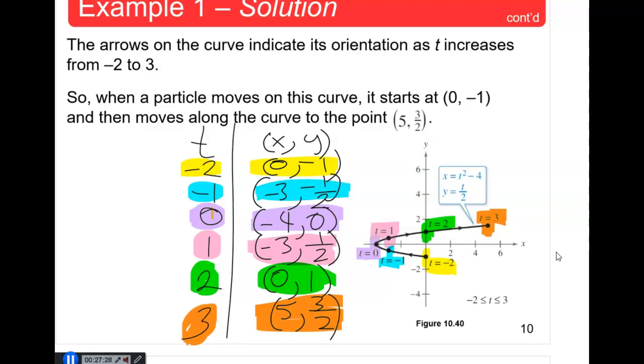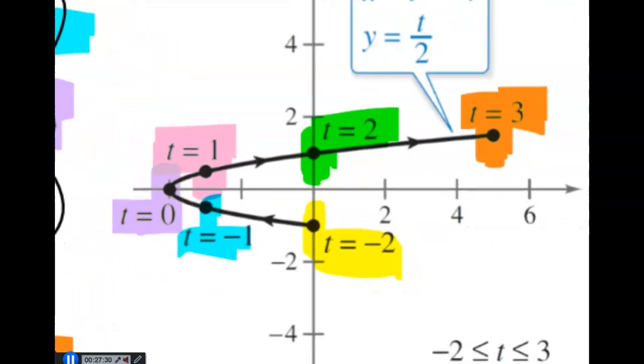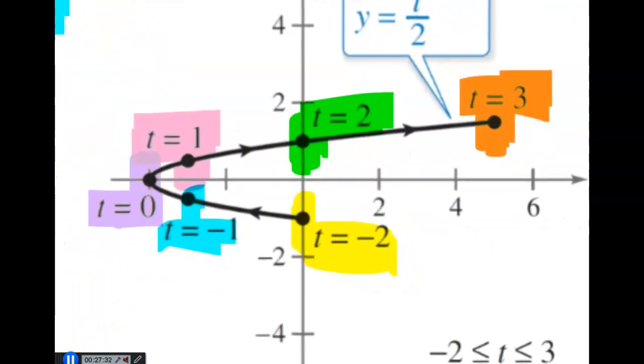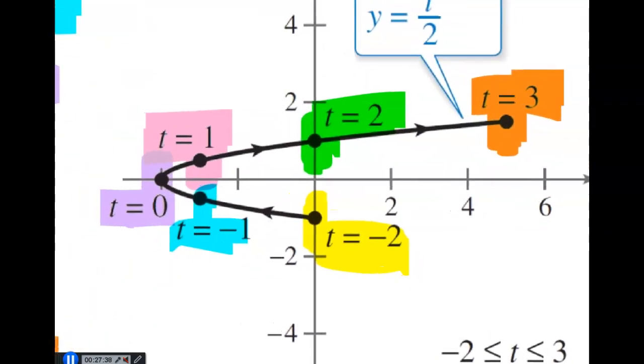Now, the arrows that you could see here, those arrows are very important because they're also describing the direction from the initial point. And I mean, we could have more arrows here. From the initial point all the way to the terminal point. That was here.